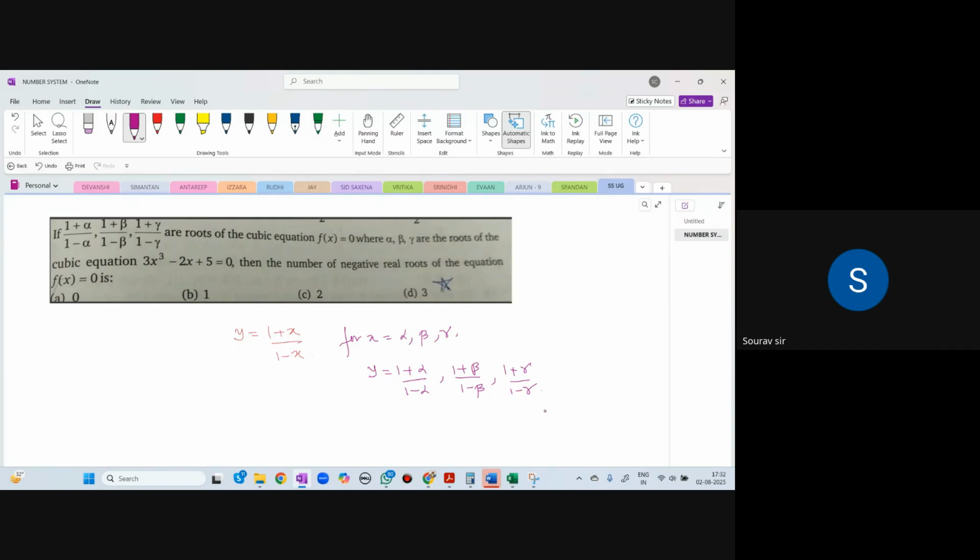Agreed? Everyone agrees with this? If I define y as 1 plus x by 1 minus x, then for x equal to alpha, beta, gamma, y will be those three which are given.